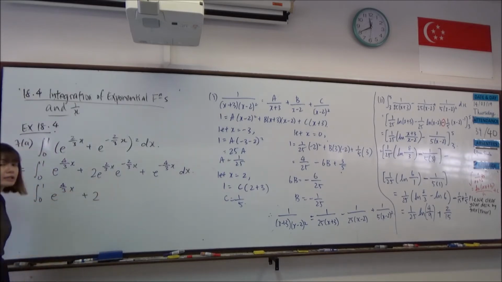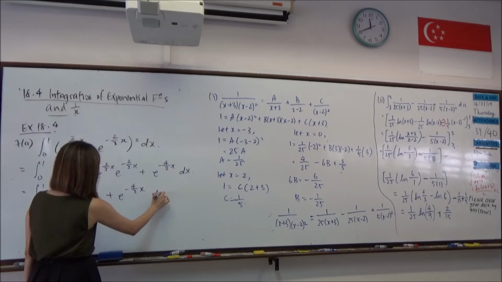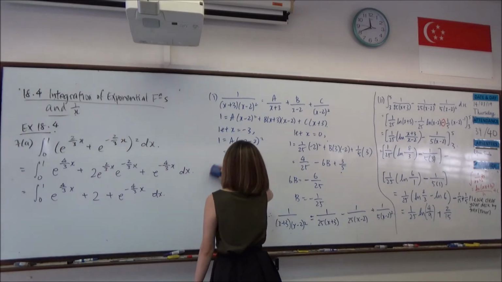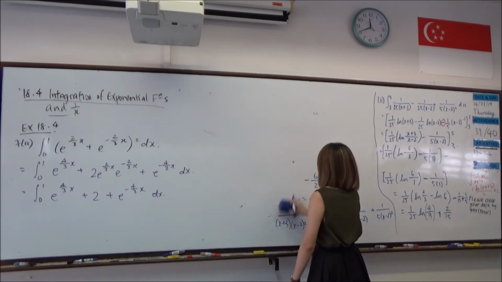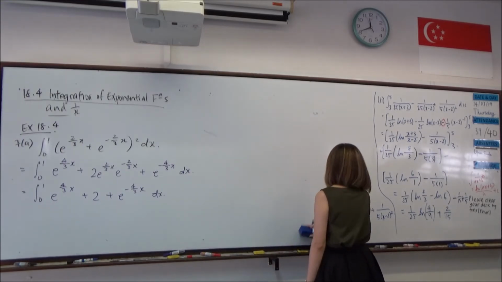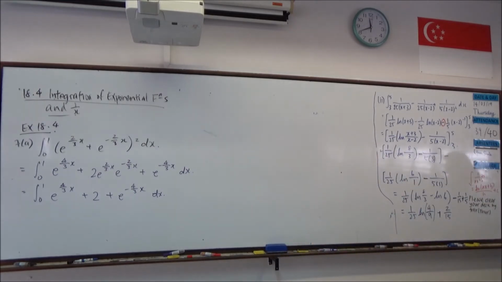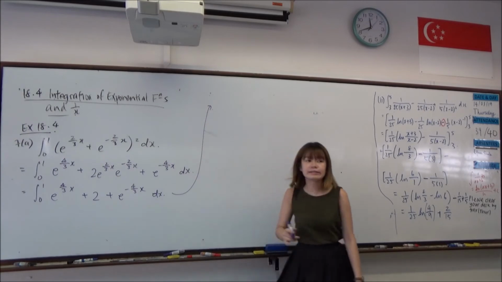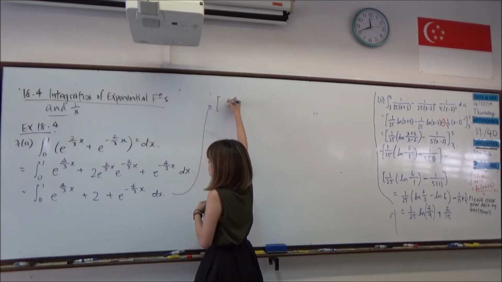So this one upon combining, that means 2 over 3 x minus 2 over 3 x, so actually essentially it's 2. So we'll be looking at integrating this, right? Okay, then after that, what next? Just keep everything.